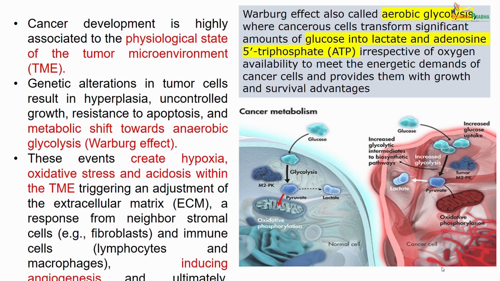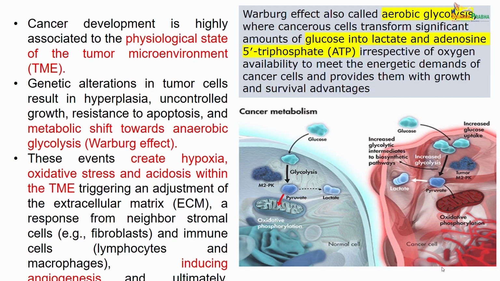There are a lot of cascading events which happen because of the Warburg effect in the cancer cells. Because of the excess production of lactate, a region of hypoxia is formed, and also an increased acidic environment. That is, the Warburg effect creates hypoxia, oxidative stress, and acidosis within the tumor microenvironment, which trigger an adjustment within the extracellular matrix.